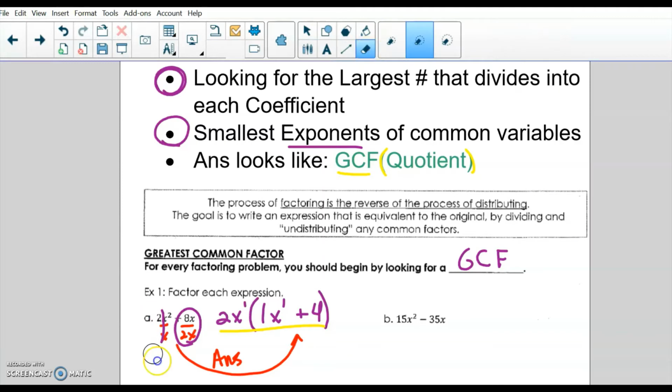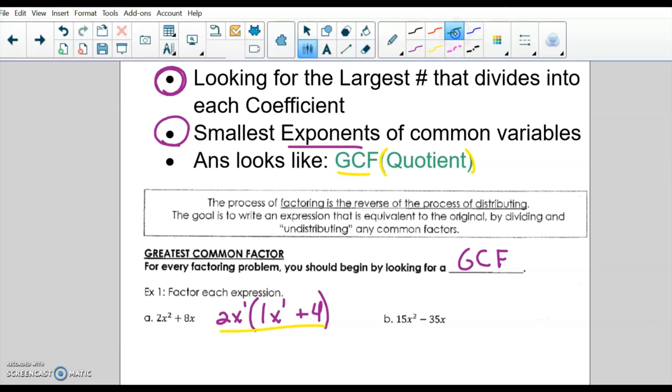Now, clean this up again. The whole idea here was to create a multiplication problem. So this is our checking. If I take 2x and I multiply it by 1x, I get 2x squared, which is exactly what we started with.